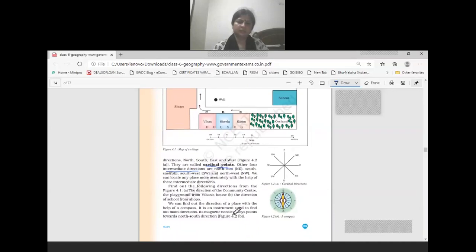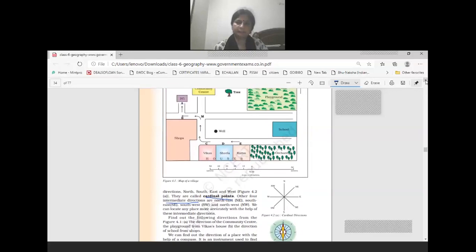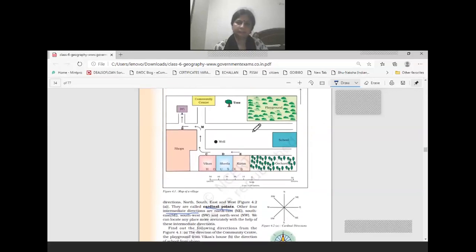The direction of the playground from Vikas house. You can see it here. This is the house of Vikas. Okay. And this is the community center, which is lying in the north of Vikas house. Okay. This is the north direction. It is in the north direction of Vikas house.